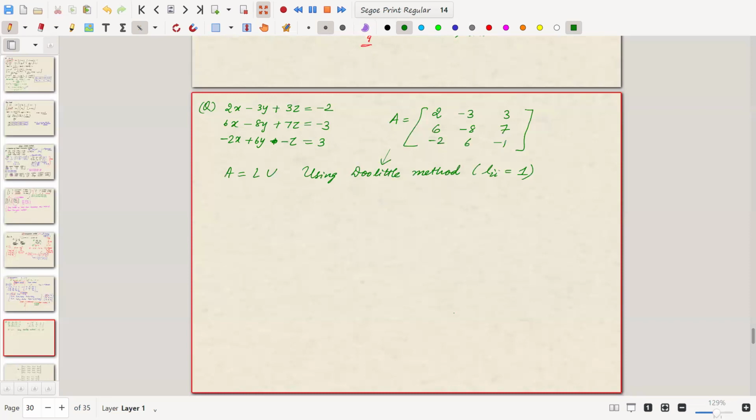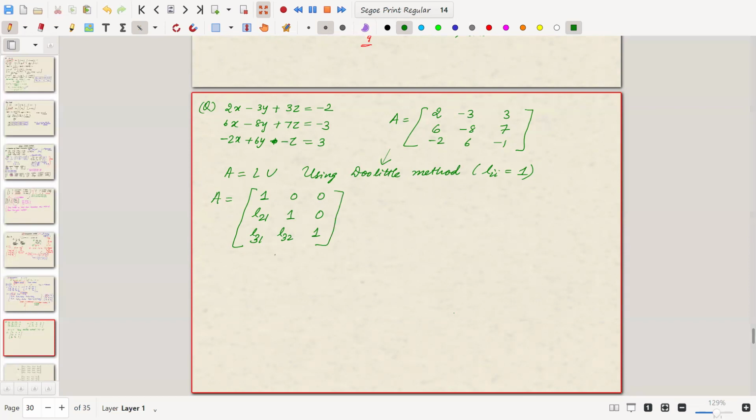So you write the matrix A as a product. This is a 3 by 3 matrix, right? So 1, 0, 0. Some L21 you will have, but L22 is 1 again. L31, L32, but L33 is 1 again. Can you see that all diagonal elements LII are 1?